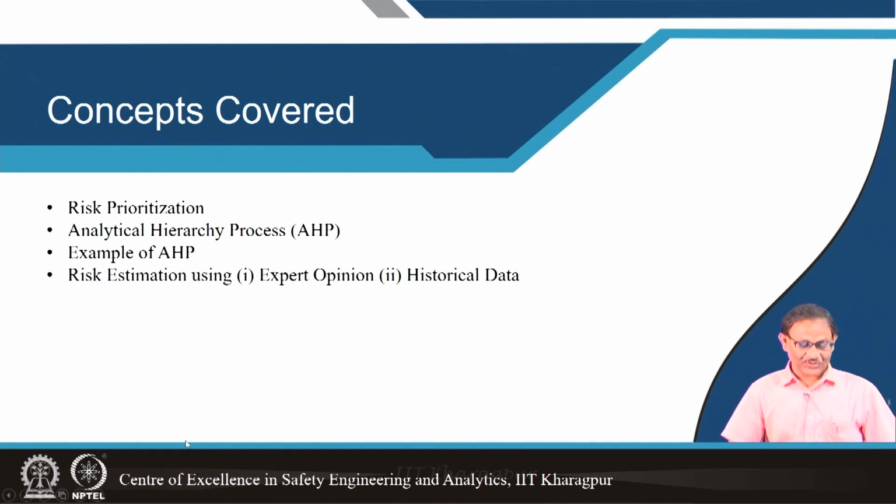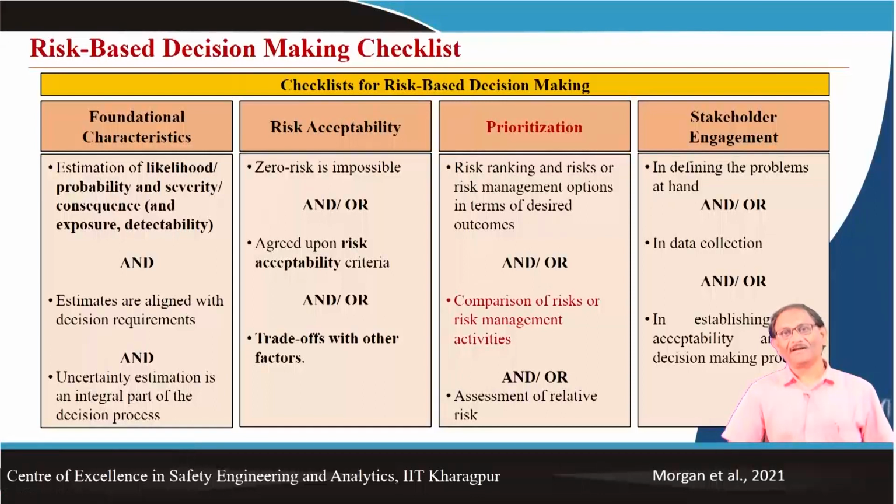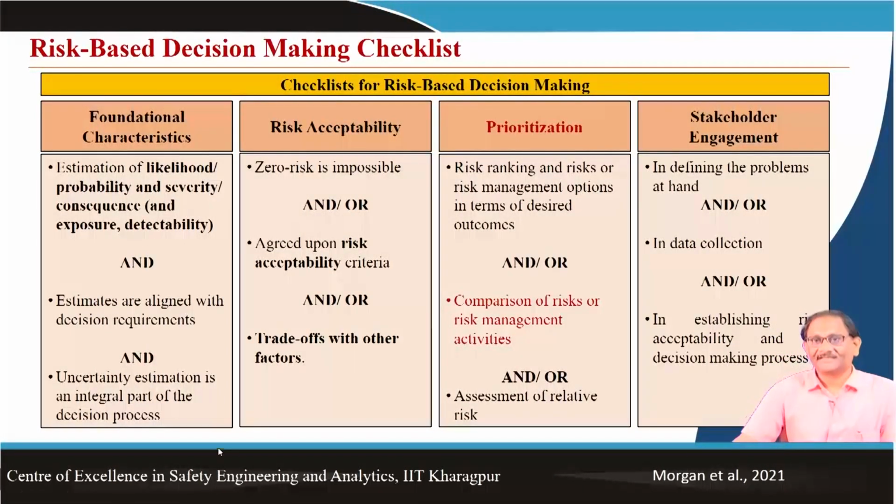Okay. So if you go back to my last lecture, you have seen that I gave you the checklist for risk-based decision making, and there I told you that prioritization is one of the important issues. I also told you that you can prioritize the risk, prioritize the alternatives, prioritize the actions.